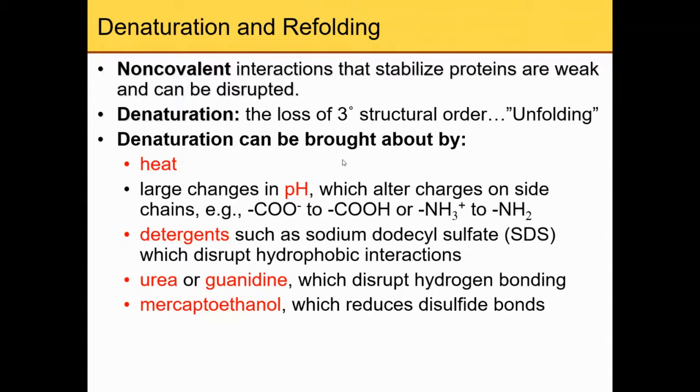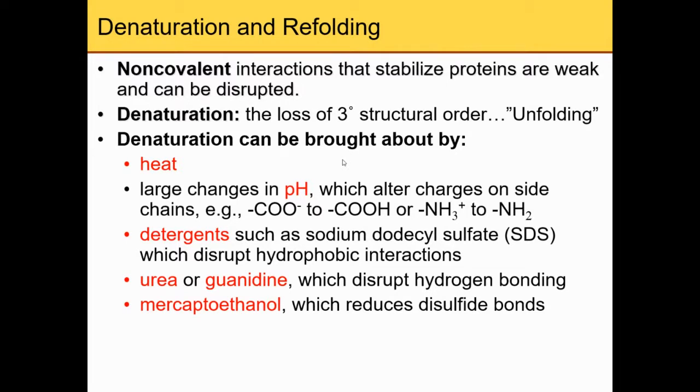And also you can use a detergent like SDS that can disrupt the hydrophobic interactions between those non-polar amino acids. And then guanidine and urea can disrupt the hydrogen bonding between those polar side chains. You can use urea and guanidine to disrupt their interaction.